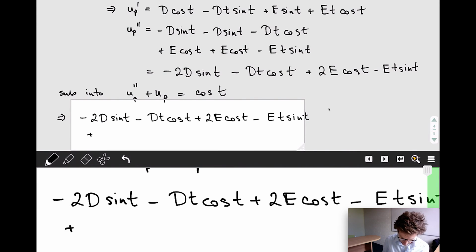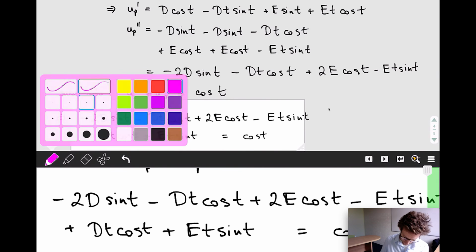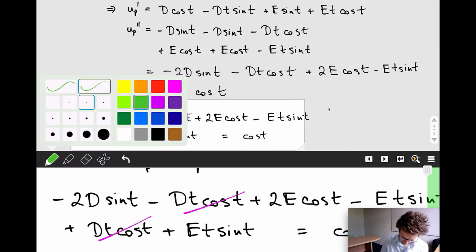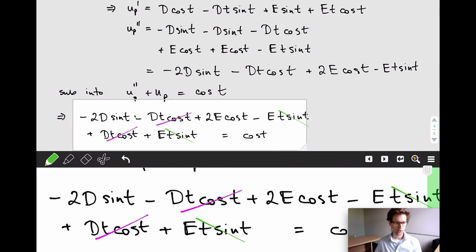And we're going to add to that u_p, so that was dt cosine t plus et sine t. And this whole thing is equal to cosine of t. You notice that we get a bunch of cancellation here. The dt cosine t's cancel out and the et sine t's cancel out. And that'll always happen, so that we're only left with terms like sine t and cosine t.